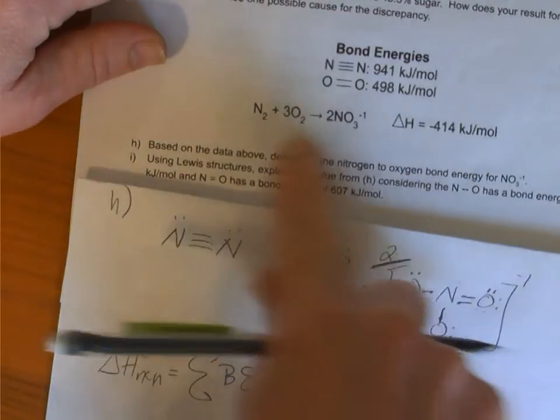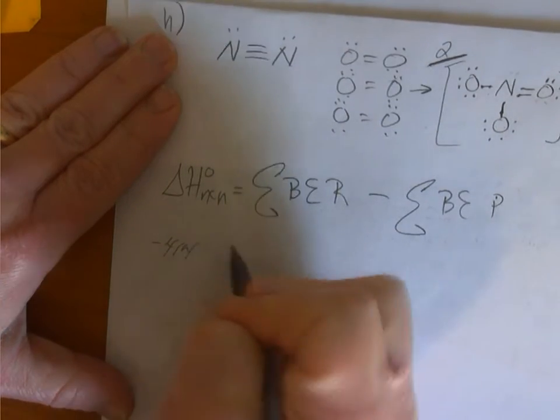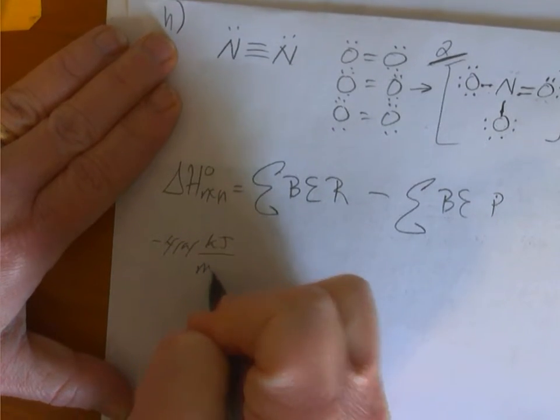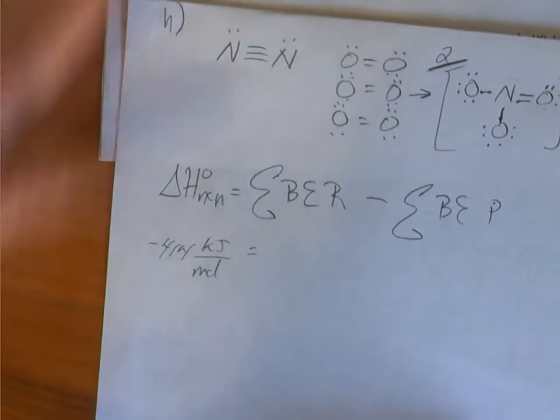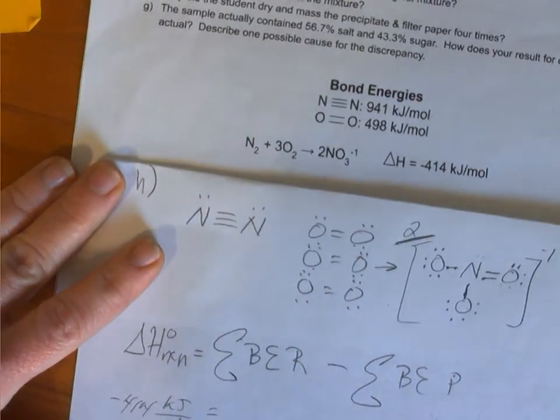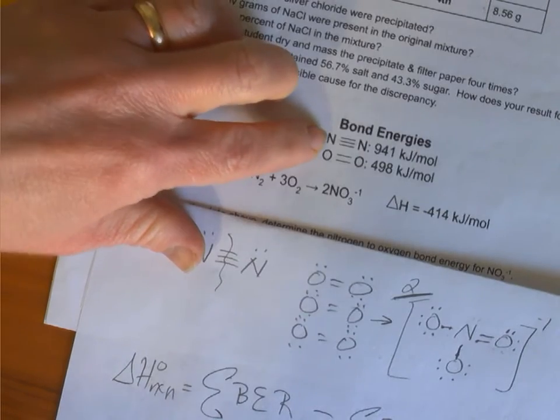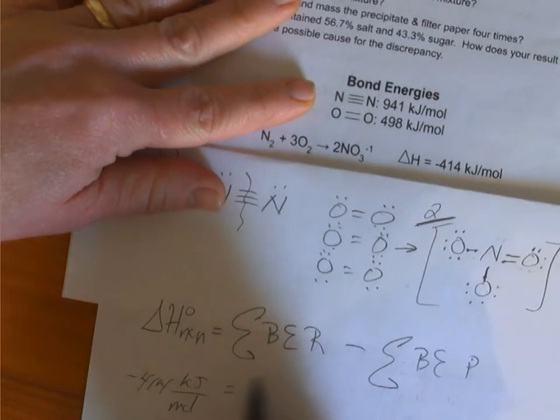You were told through this reaction what the enthalpy of the reaction is: -414 kilojoules per mole of reaction. Okay, I am breaking all of these bonds. So I am breaking 1 mole of nitrogen-nitrogen triple, and that's what this bond energy represents.